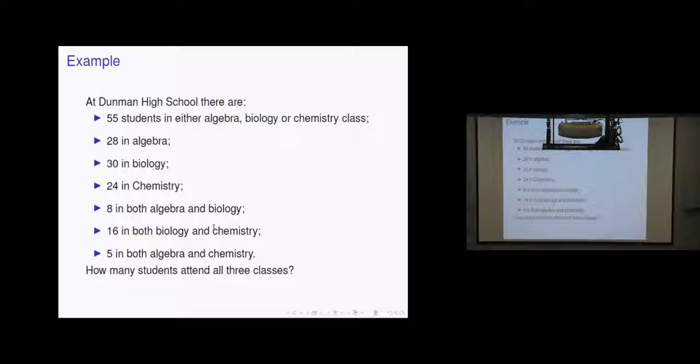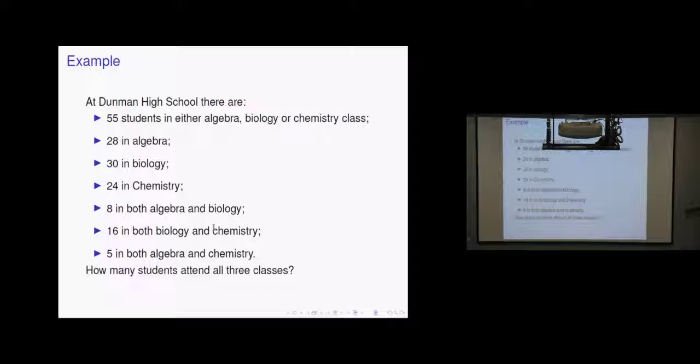Now, an example of the principle for 3 sets. At Daman High School. So who is from Daman High School? Anybody? Okay, never mind. In that school, we have 55 students, each in either A or B or C, algebra, biology, or chemistry.